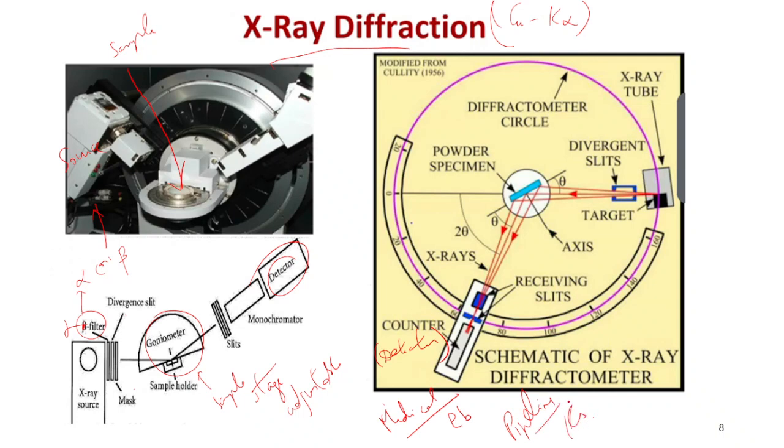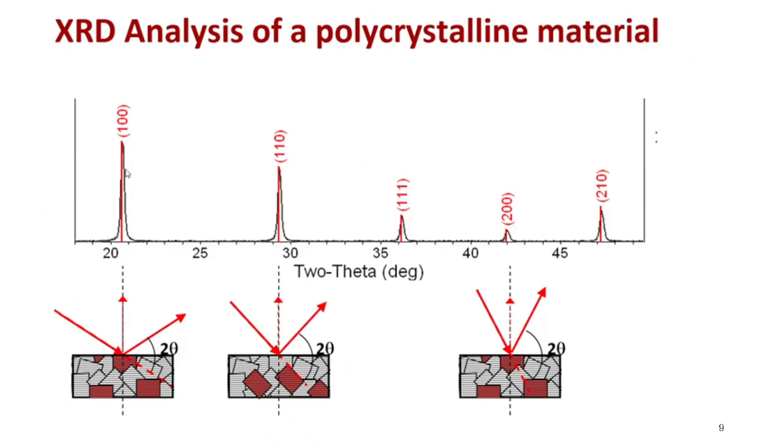Okay, thanks for sharing that information. So this is the XRD machine. This looks like the source, this has to be the detector, and that is the sample table. We will come to the XRD analysis of polycrystalline material later, but this is just to give a small insight.